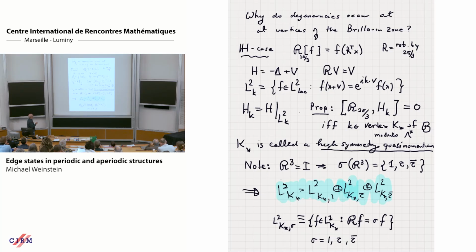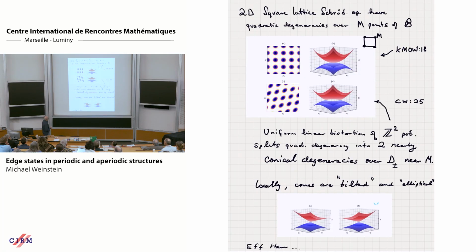If I look at the honeycomb case, there the symmetry is 120-degree rotation, so V is invariant under that rotation. Again, here is L2K, and HK is the operator H acting in the space of pseudoperiodic functions.